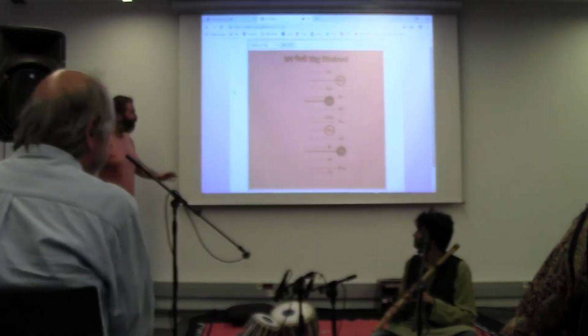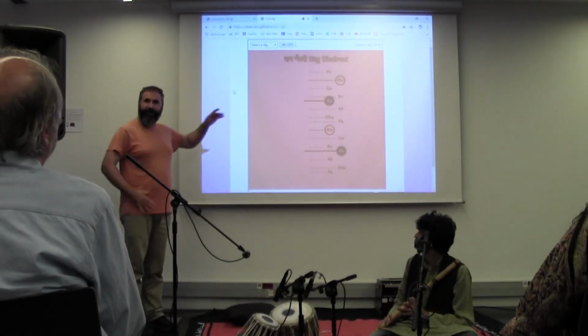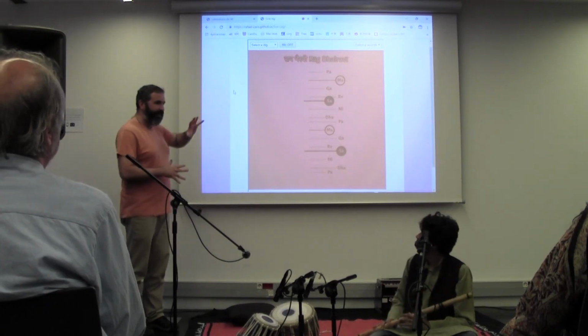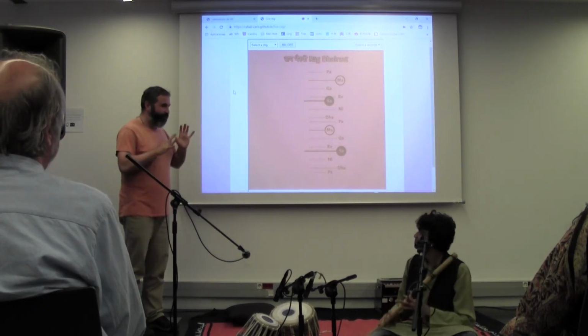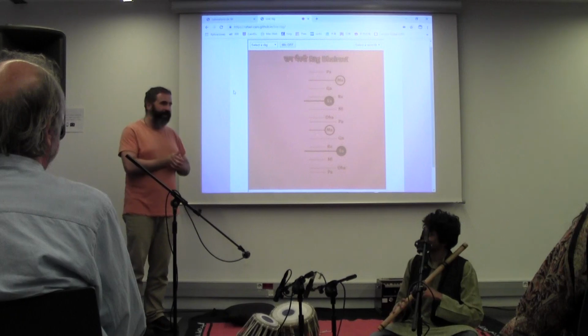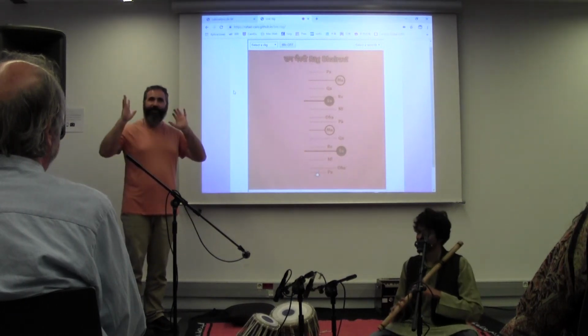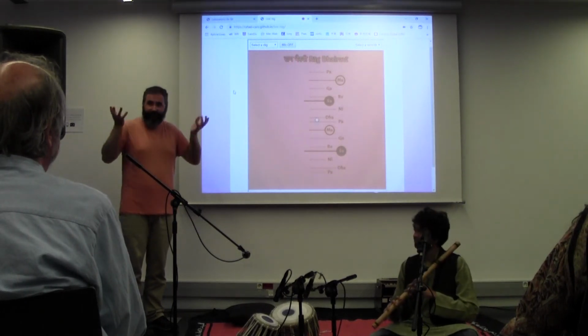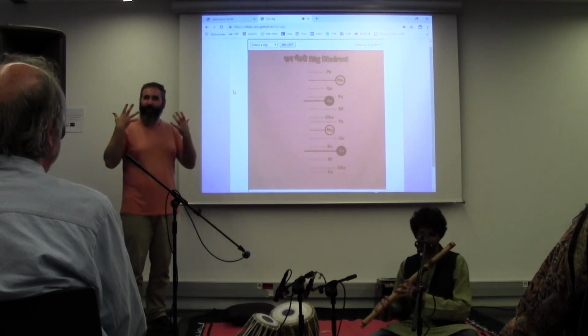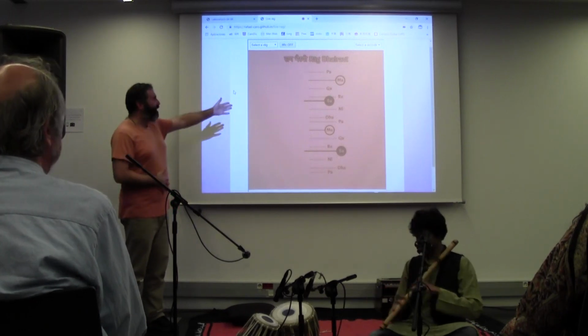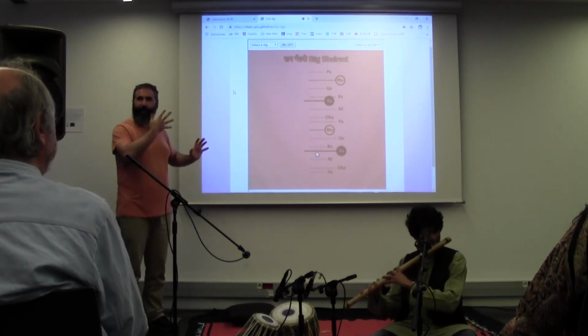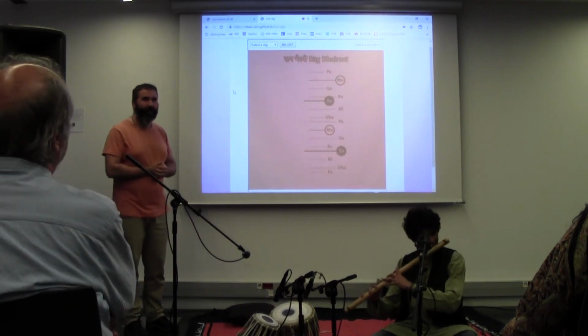So we have now a new set of swars with different dispositions. I'll let him play a chalan, and just try to sense this different color, if you want, of this different emotion that the raga brings in comparison with Jaunpuri.